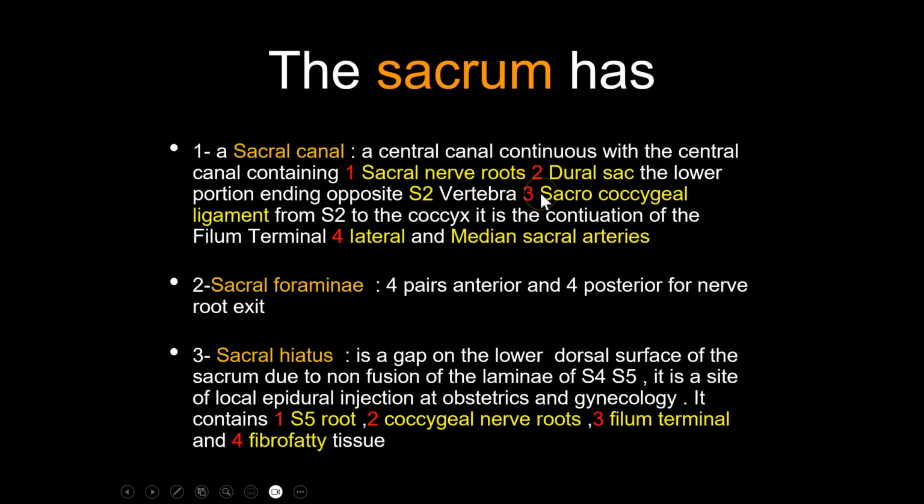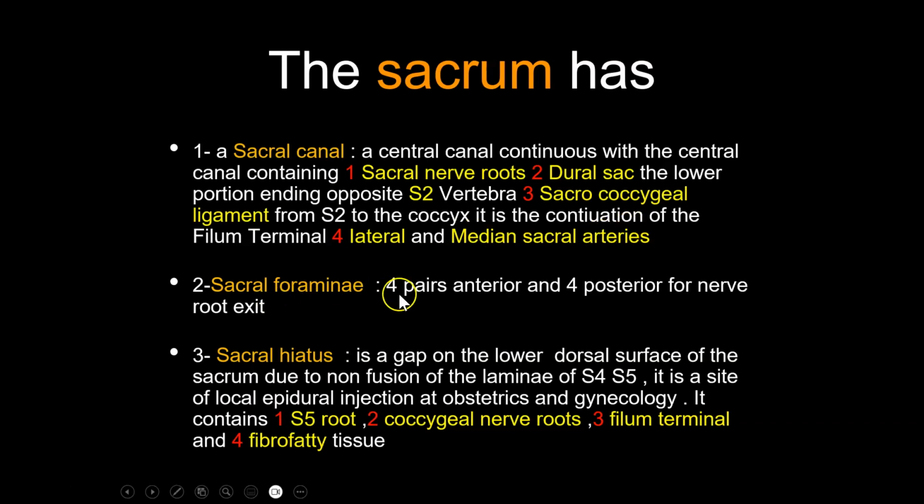After S2, there is a sacrococcygeal ligament, which is extradural, extending from S2 to the coccyx. And it also carries the lateral and median sacral arteries. So the sacral canal carries the cauda equina, the dural sac ending at S2, then the sacrococcygeal ligament attached to the coccyx, and the lateral and median sacral arteries.